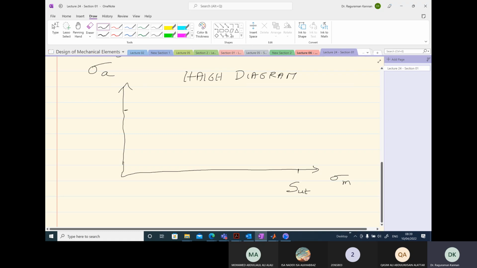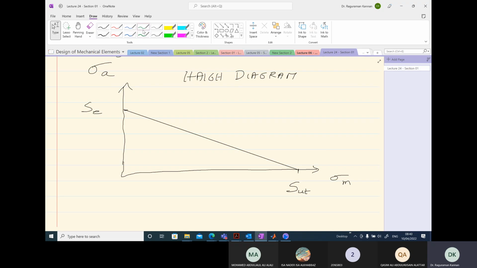For both cases, we need the points S_E and S_UT. I want to draw a straight line joining these two points. This is going to be your Goodman line, and I want to draw a curve, an ellipse, that passes through these two points.